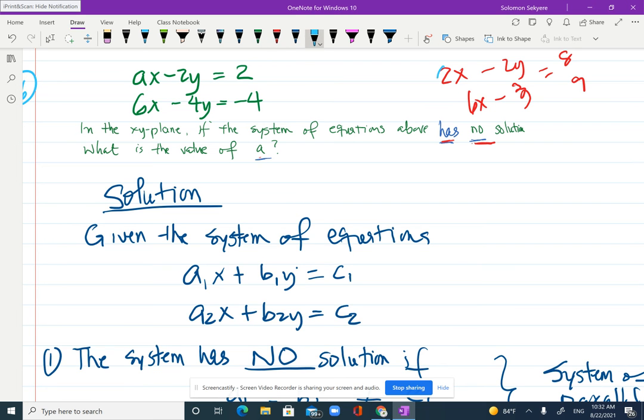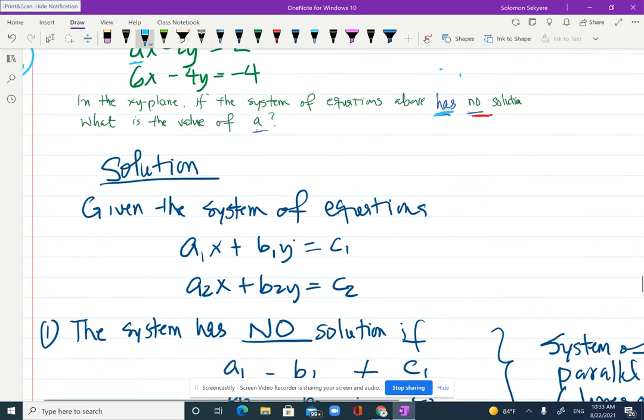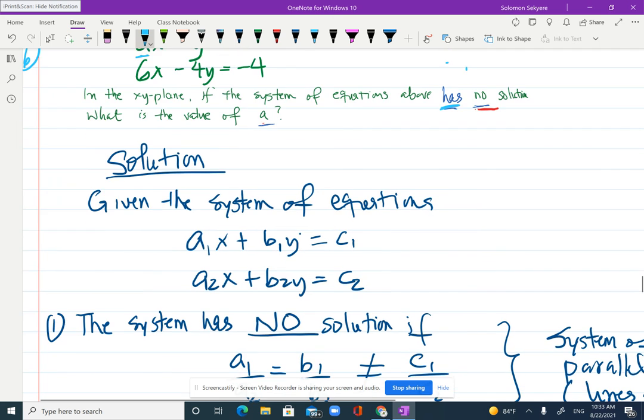What I'm saying is normally all these coefficients are given to you. Here, something is not known, but you're given a condition that allows you to find it. The system has no solution. This should take you a few seconds to finish if you know what you're doing.